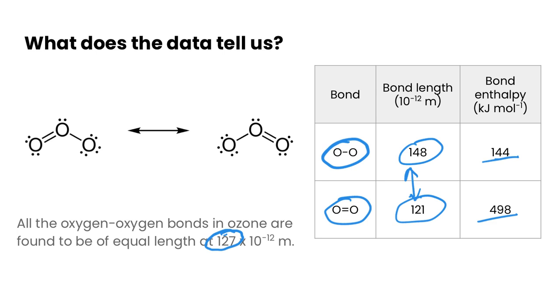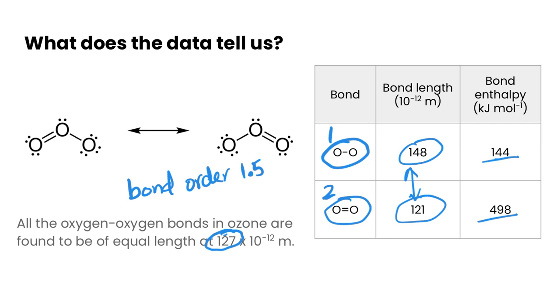And so if we were talking about these bonds, we would say that the bond order is 1.5. Like we don't actually have 1.5 bonds, but it's like we have 1.5 bonds instead of the single bond being a bond order of 1 and the double bond being a bond order of 2.